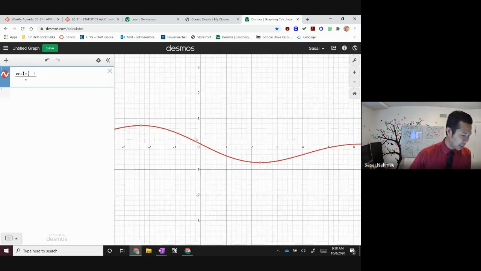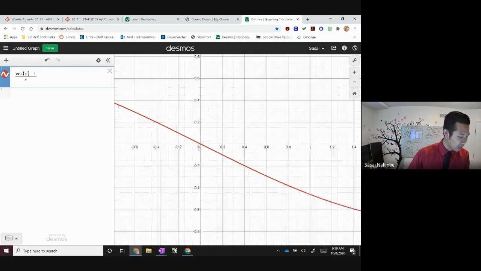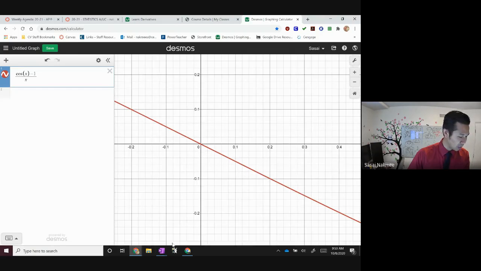But again, what does that look like it's approaching as x approaches 0, or in this case, h approaches 0? It's undefined here, but it's a removable discontinuity, which means the limit there exists, and the limit from the left-hand side and the right-hand side looks like it's approaching 0. See that?